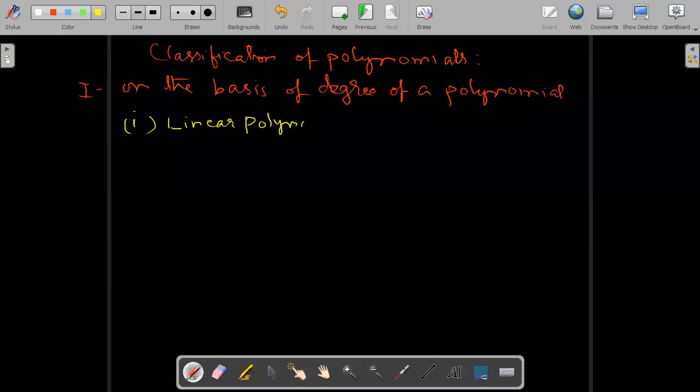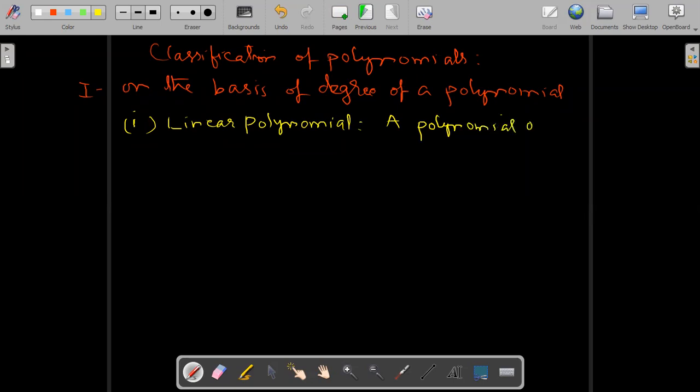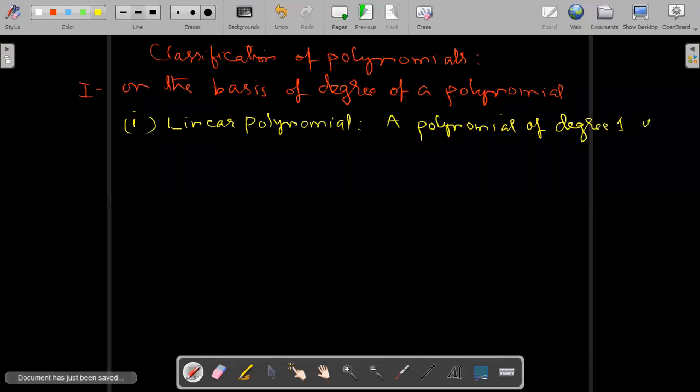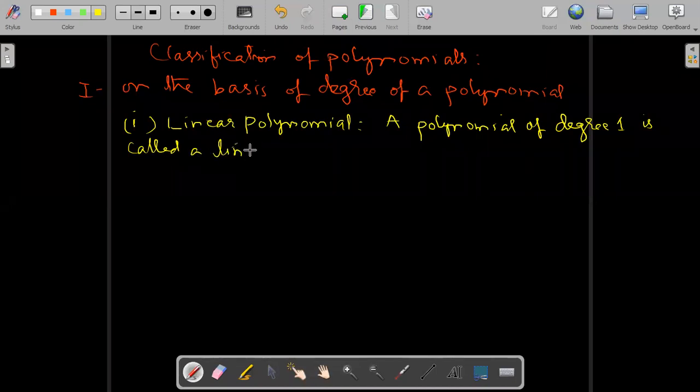What is a linear polynomial? A polynomial of degree 1 is called a linear polynomial.